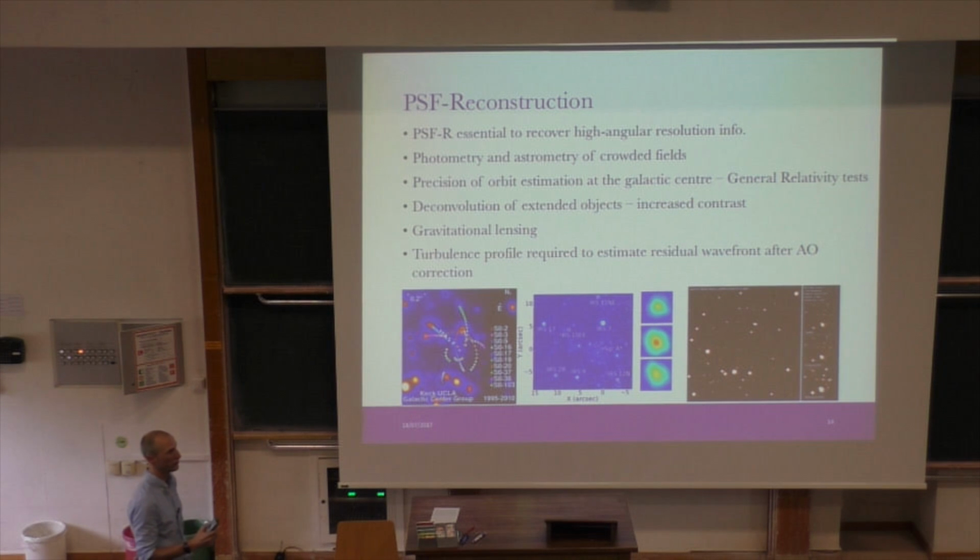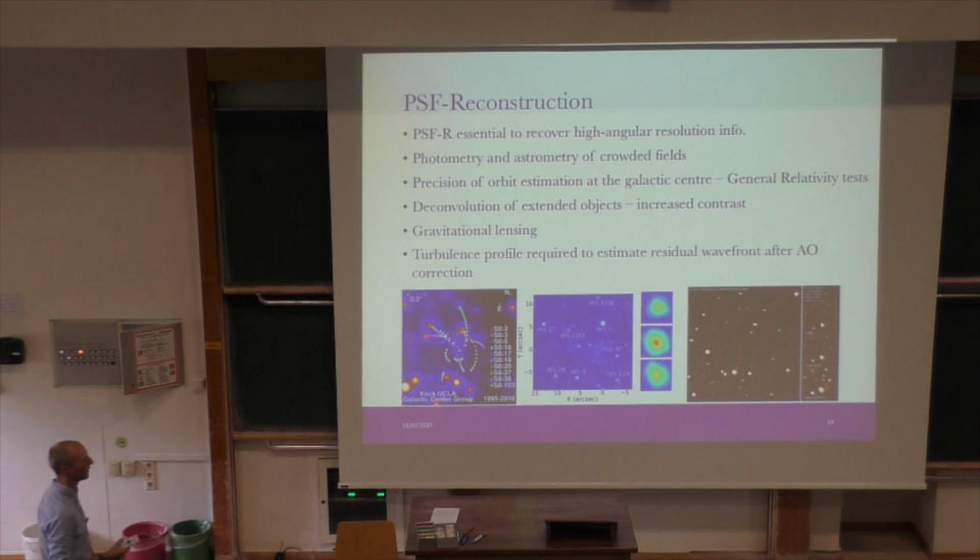So trying to reconstruct a PSF across that field is actually rather difficult. And it's essential for high-resolution information, basically, for photometry and astrometry in crowded fields. Now, if we know the turbulence profile, we can estimate the residual wavefront error and try to build a PSF reconstruction method from that. This is ongoing work, and I don't have any on-sky results to show at the moment.